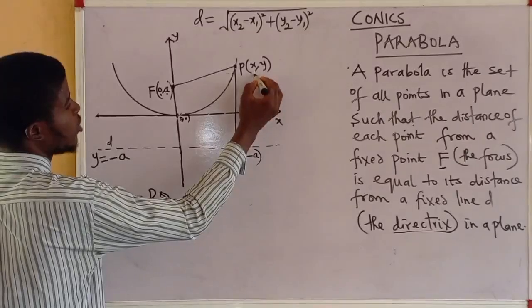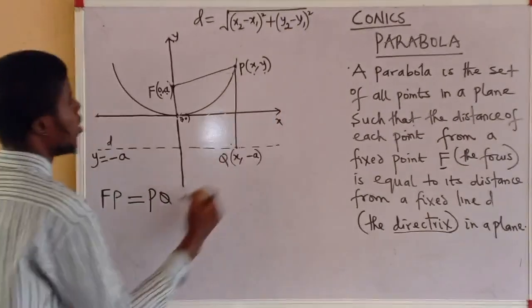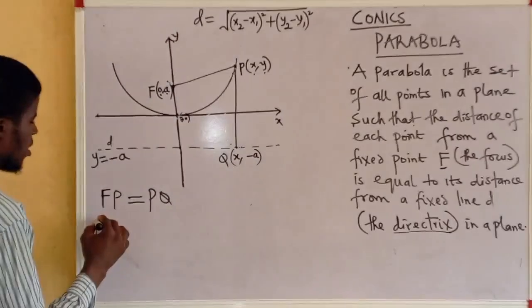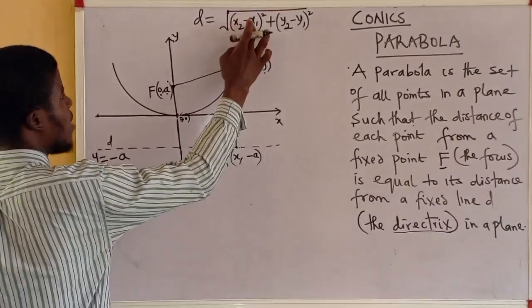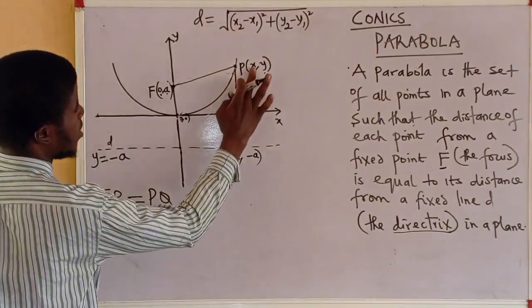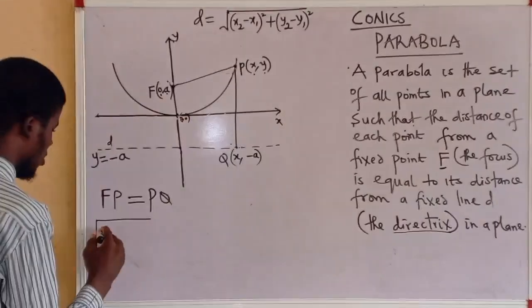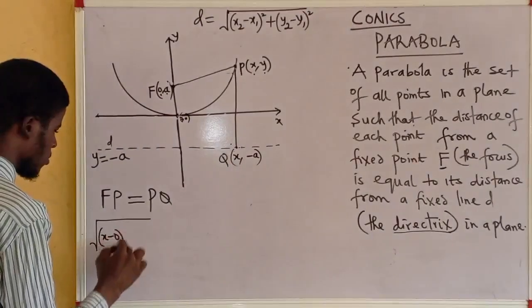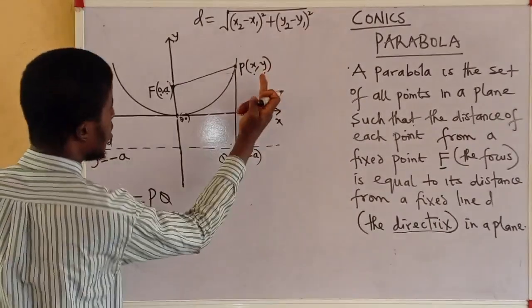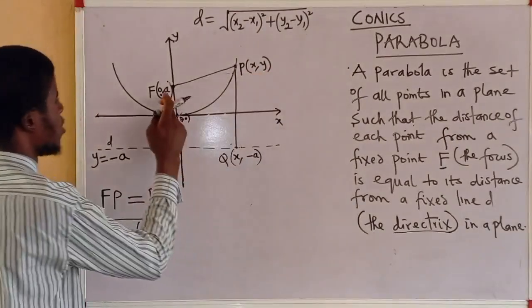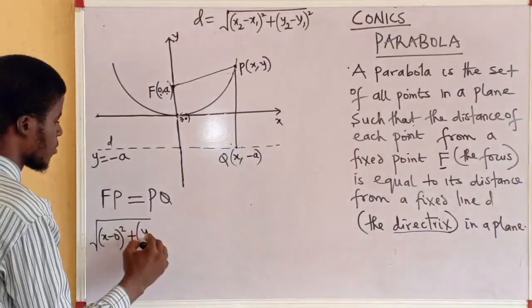Let this be x2 and let this be y2. So the distance between the focus and the point is the square root of x minus 0 squared plus y minus a all squared.